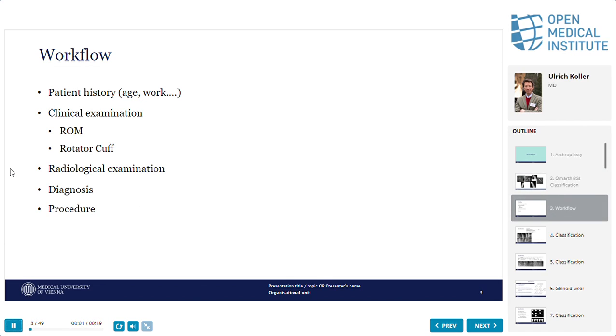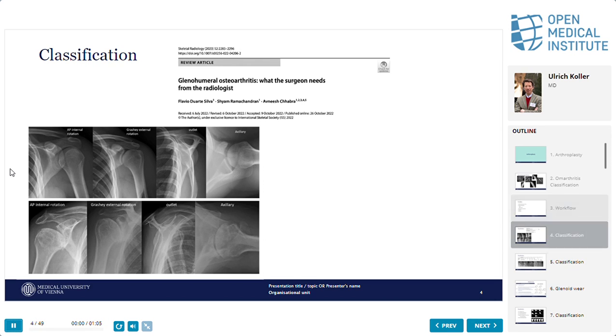So my workflow is that I have a very good patient history, a clinical examination with range of motion to judge if the rotator cuff is intact or not, and a radiological examination with a precise diagnosis. Then we can say what kind of procedure we are doing. There's a very nice paper called Glenohumeral Osteoarthritis, What the Surgeon Needs from the Radiologist.